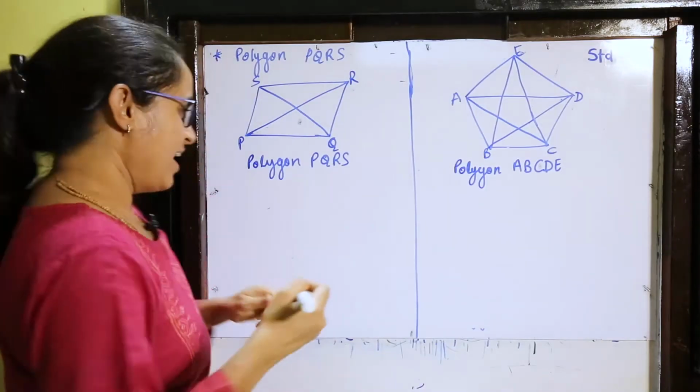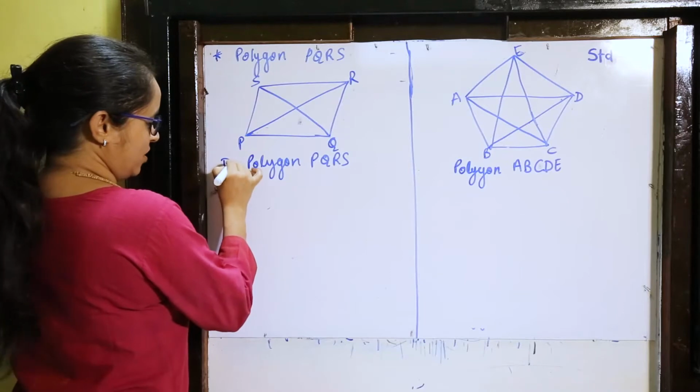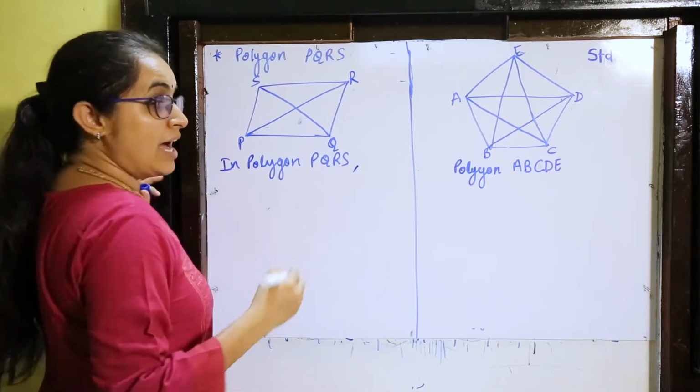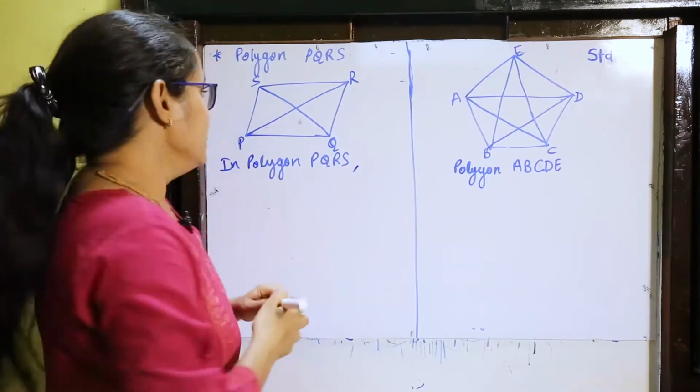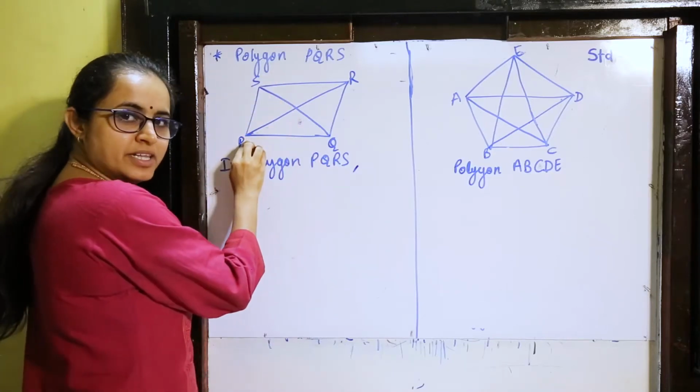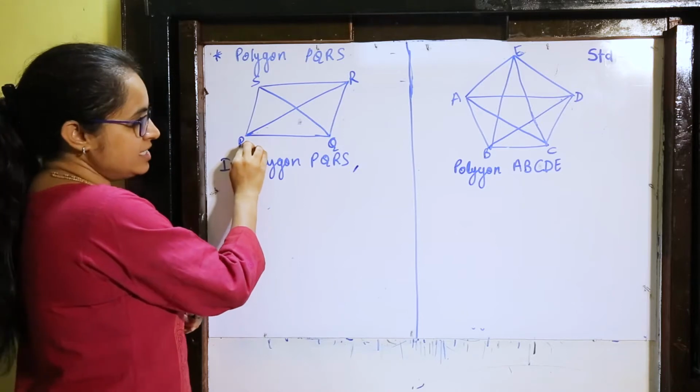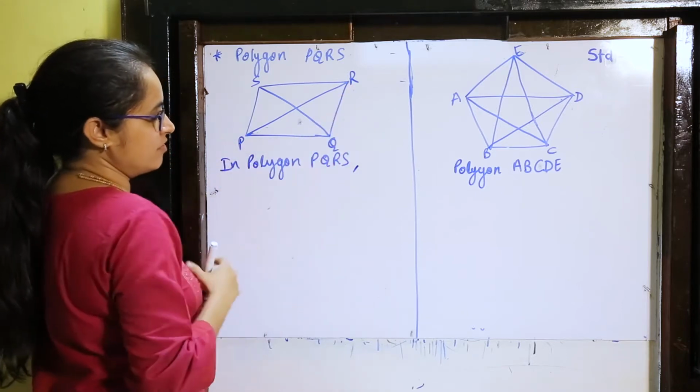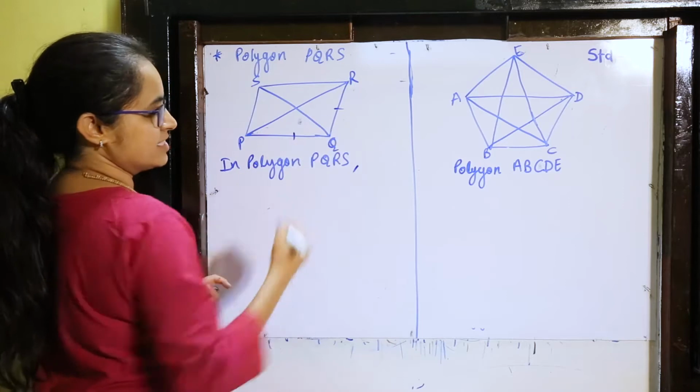So, children, we have polygon PQRS, and now I am telling you something very important. Any side which is joined with one vertex is called an adjacent side.